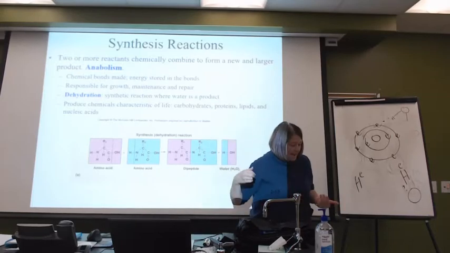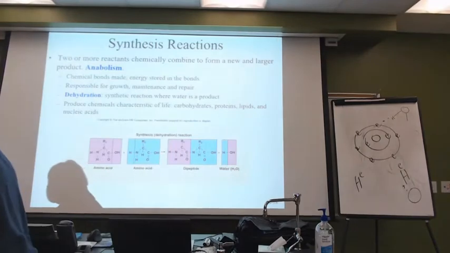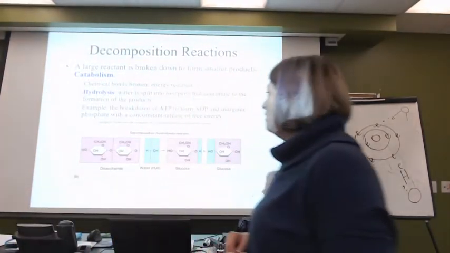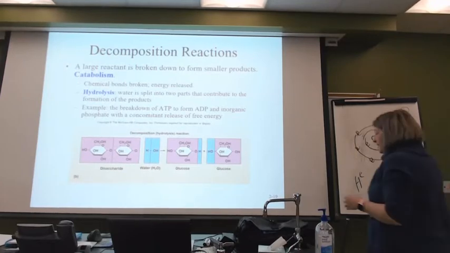So if we look at catabolism, decomposition, the breaking down, if I have a big molecule and I need to go in and break a bond, for example, table sugar, one of my favorite food groups.